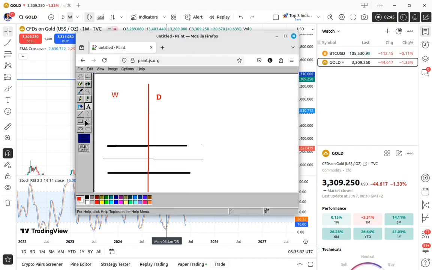So now, what's going to happen is this. Okay, let's see if we can use another one. Okay, this one is not working. All right, fine. So on the daily chart, the price is going to be like this.